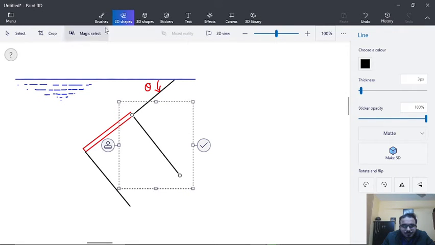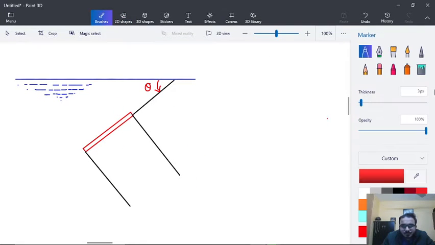So here the actual surface will be like this.